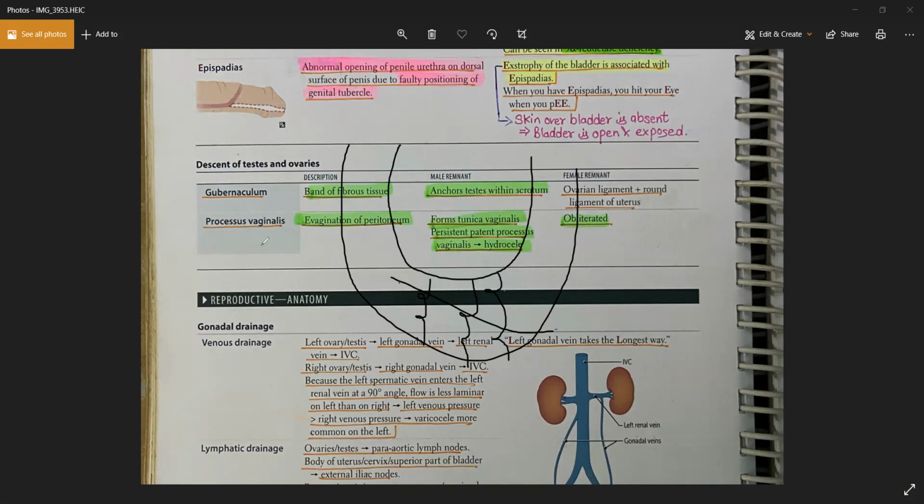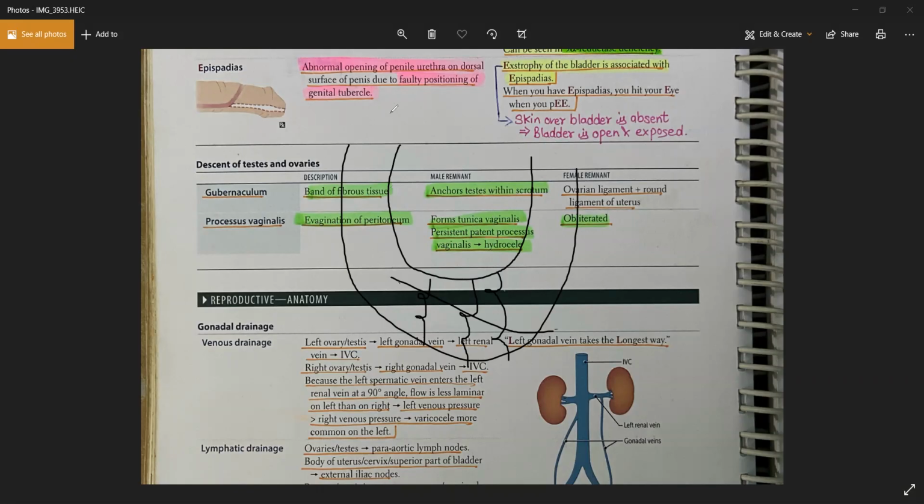Now, the second thing is the processus vaginalis, which is basically an outpouching, or you can say an evagination, of the peritoneum. Because these testes are formed in the abdomen along with the other structures in the GI tract, when they descend, other structures like the peritoneum also come with them.